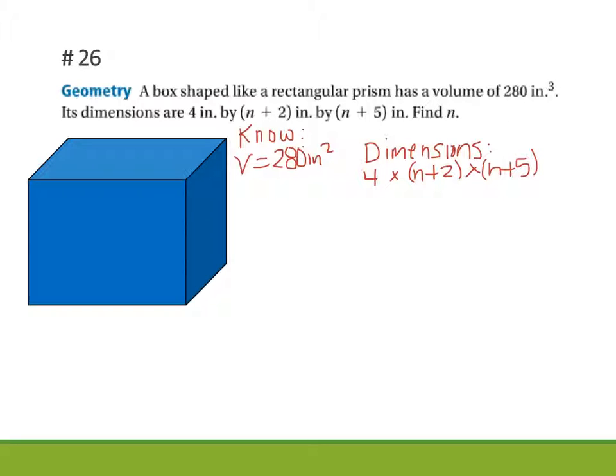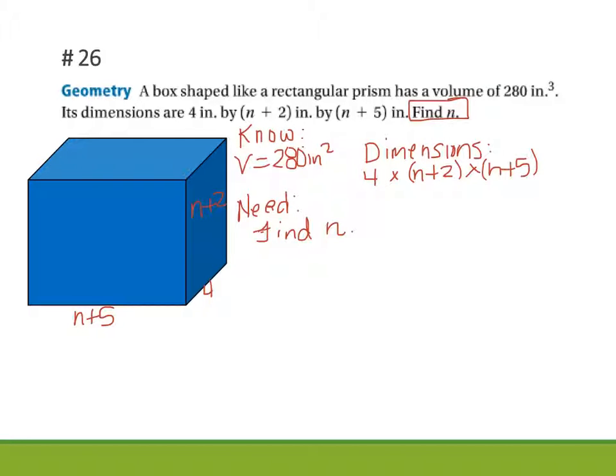Well, when you're solving a problem, first you identify what you know, and then you identify what you need to know, or what you're looking for. In this case, we are wanting to find the value of n. So we need to come up with a plan that will enable us to find out the value of n. Now remember that our dimensions are 4 by n plus 2 by n plus 5.